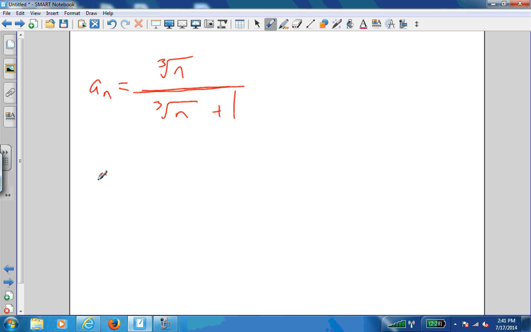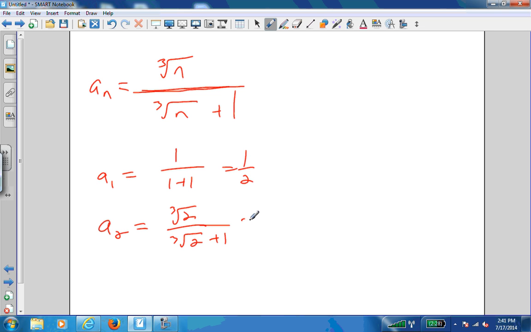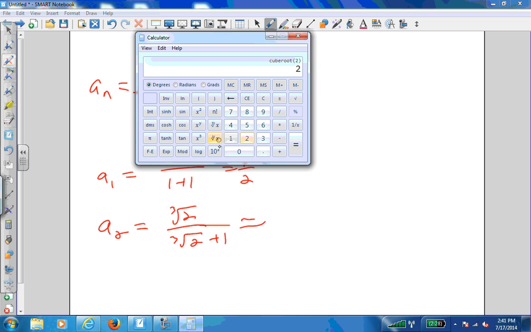If we put a 1 in, the cube root of 1 is 1, so we get a half. If we put a 2 in, we get the cube root of 2 over the cube root of 2 plus 1, which we can approximate on the calculator as about 0.558.